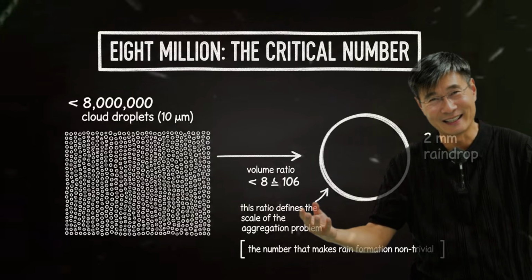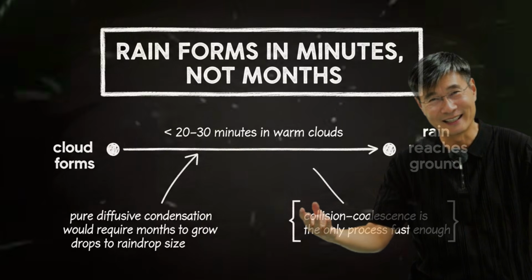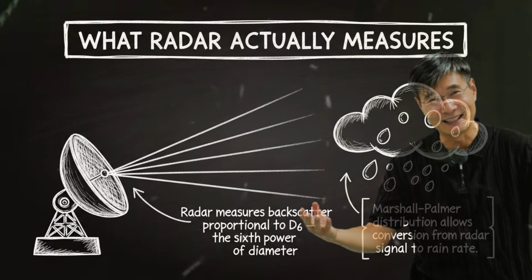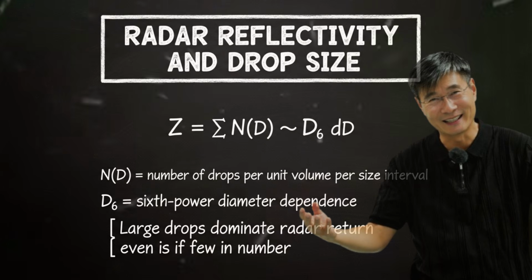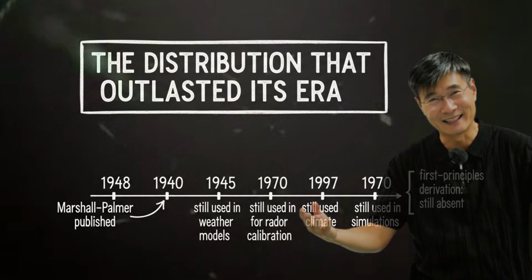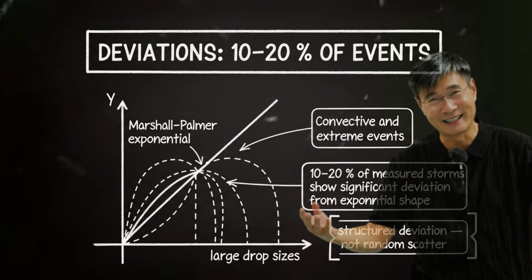What I understand less than when I started is the stability of the collective. Why the population of drops churned by turbulence and evaporation and updrafts and continuous collisions keeps settling into the same distributional shape across rainfall events that are otherwise wildly different from one another.